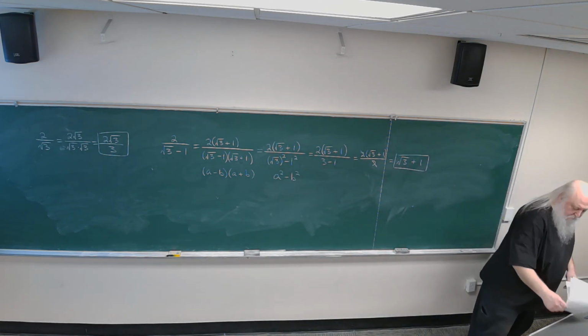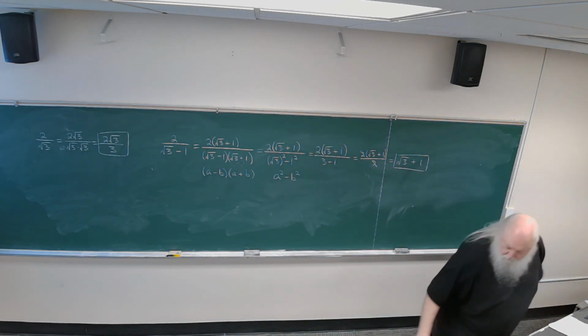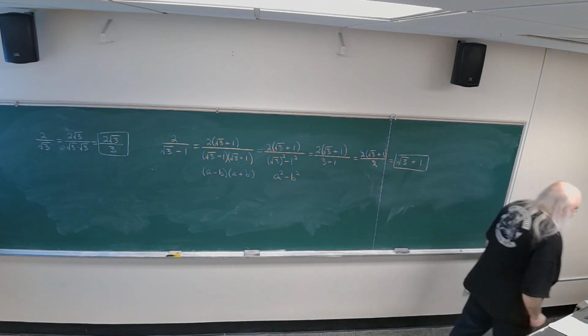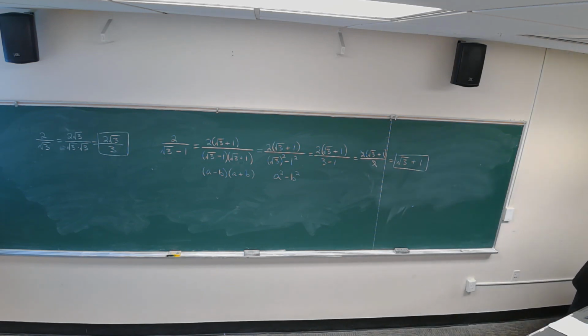All right. But before we do that, let's formally define what a conjugate is. So A and B can be real numbers or variables, doesn't matter. So the conjugate of A plus B is A minus B, right? So to get the conjugate of A plus B, you just change the plus to a minus sign.